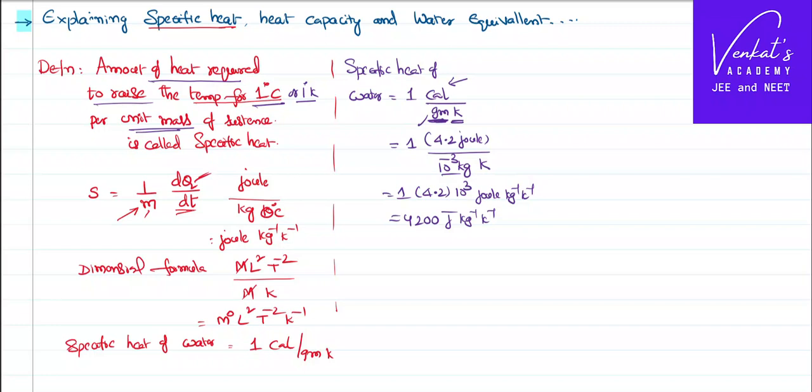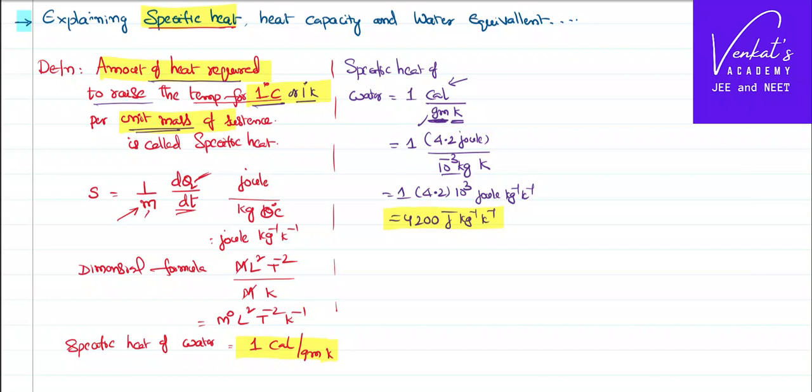So the specific heat of water can be expressed either in this system with calories or in the SI system with joule, kilogram and Kelvin. So specific heat is the amount of heat required to raise the temperature of unit mass of substance by 1 degree centigrade or 1 degree Kelvin.